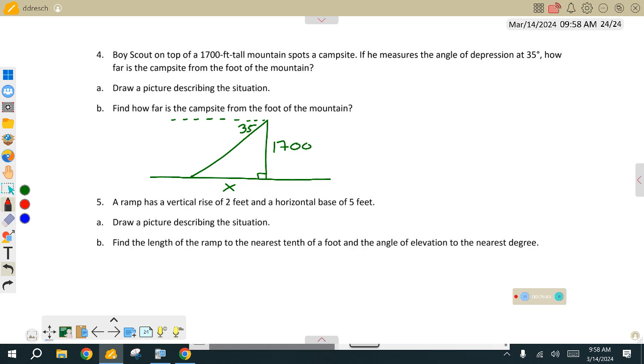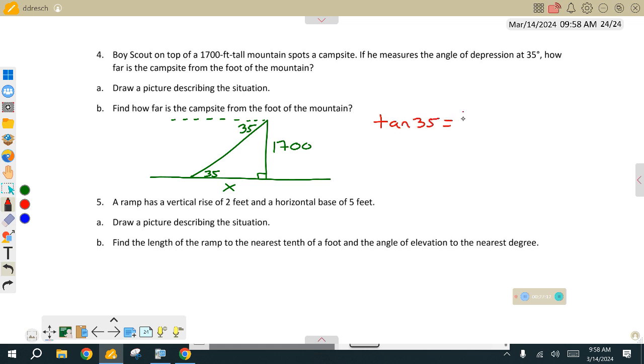I like to bring my depression in as an elevation. From the campsite's perspective, looking up, it's an elevation. From the mountain's top down to the campsite, it's a depression. Those angles are congruent. We're good to go. We got a triangle again. We got another tangent, don't we?